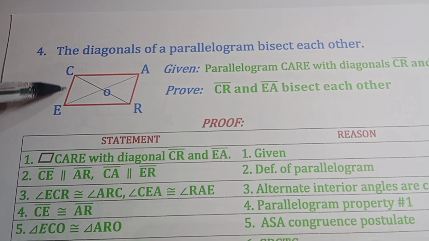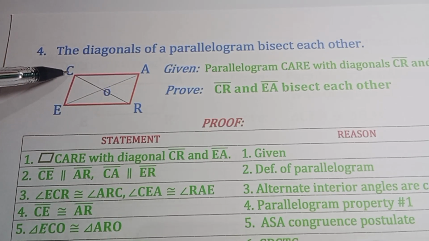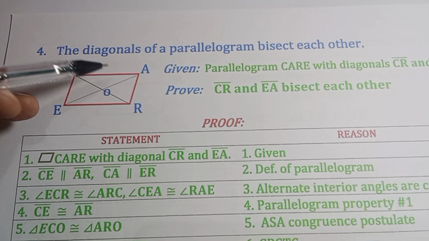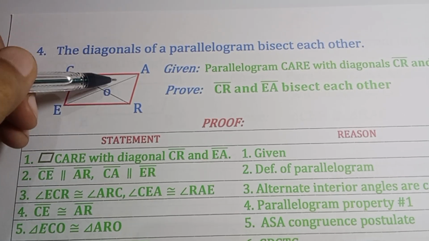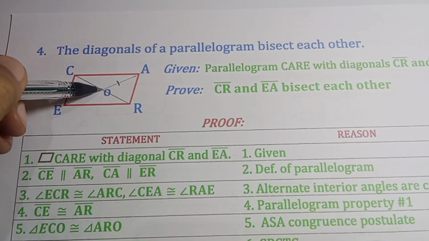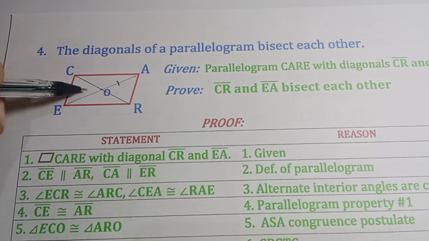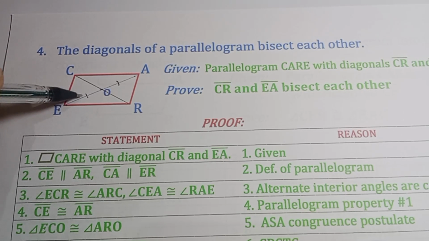So we have this parallelogram here. We have two diagonals that bisect each other. In other words, when these two diagonals bisect, this segment from here up to here is equal to the segment from here up to here. So in other words, this diagonal is divided into two equally.